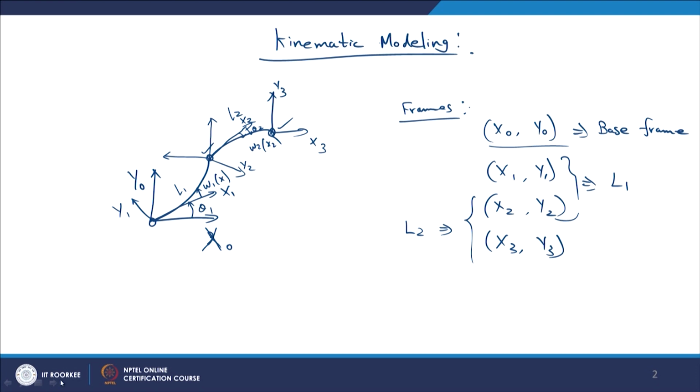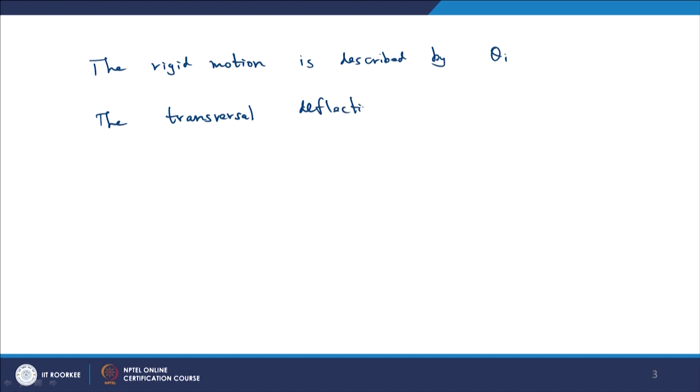So, now going further, we say that the rigid motion of this manipulator is described by theta i, with its joint angle theta i, and the transversal deflection of link i is given by Wi of xi, which is the transversal deflection of link i.